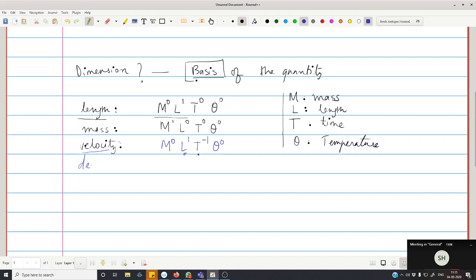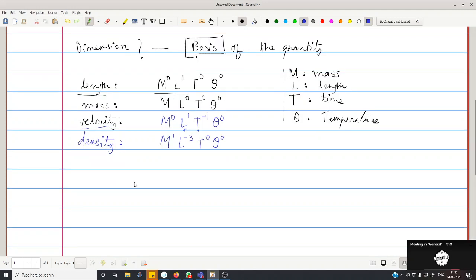What do you think it will be for density? M1 L minus 3 T0 theta 0. Great. This is something which you might have done in class 11, right? Just for completeness, this is what a dimension means.